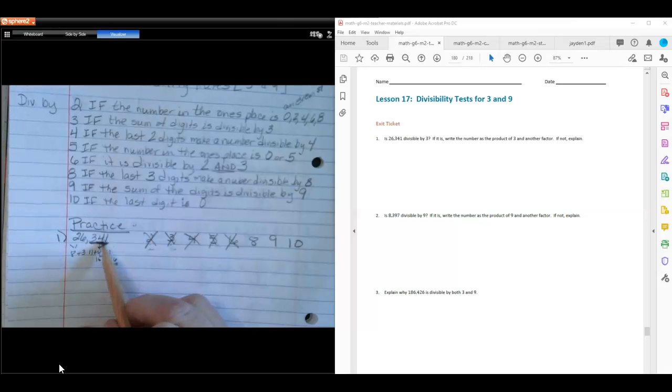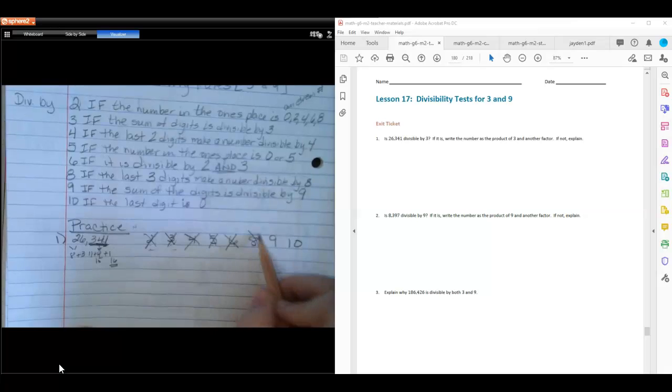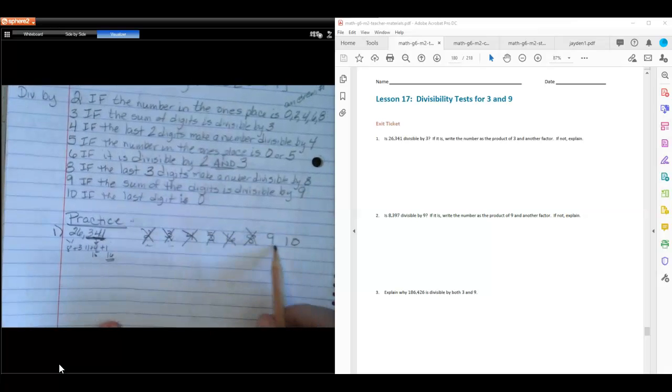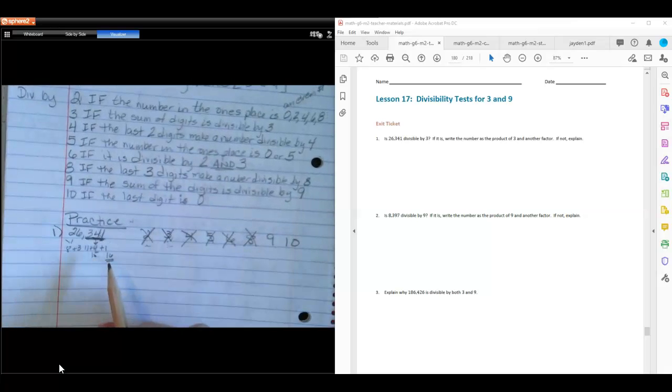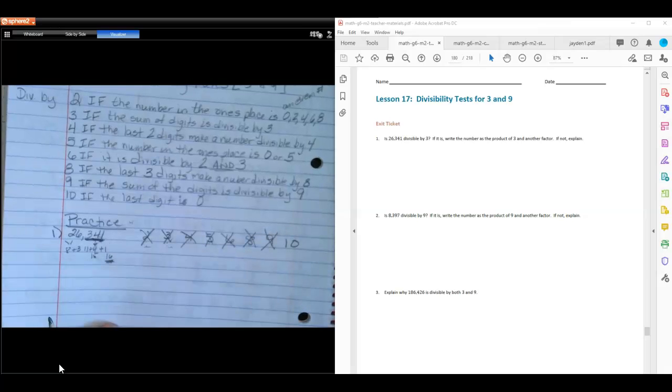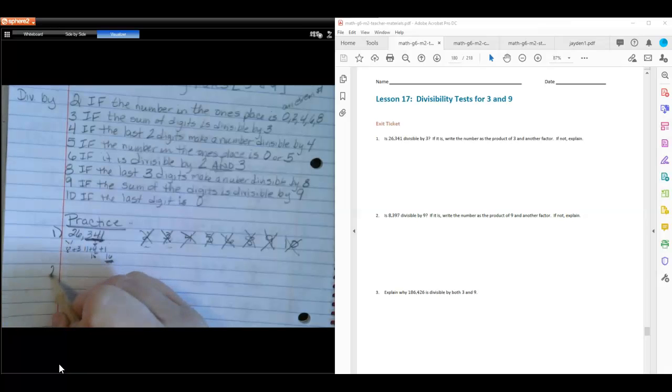That's 32, so that's 2 left over. 8 goes into 21, not evenly, so no, not 8. 9 says if the sum of the digits is divisible by 9. Well, we already know the sum of the digits is 16. Can I divide by 9? Not evenly. And then 10, the rule says if it ends in 0. Well, it does not. So none of these numbers, that number cannot be divided by any of them.